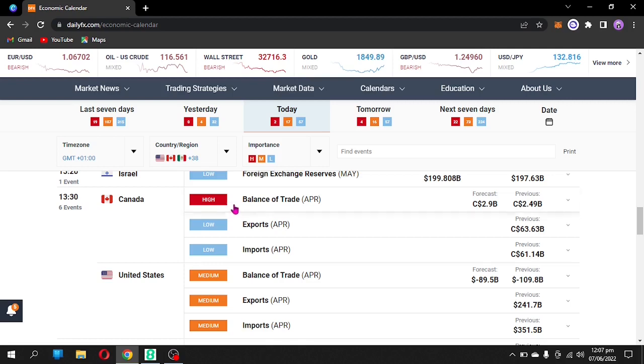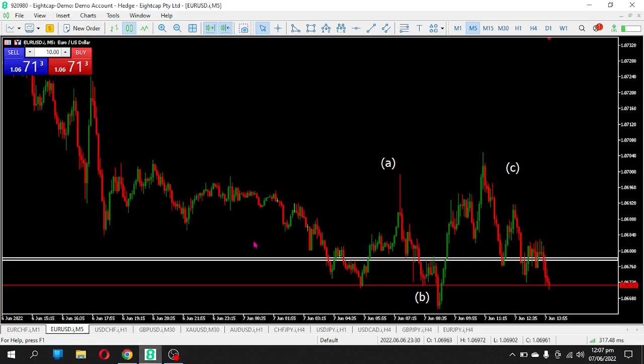So the Canadian news that will be released is the balance of trade, and since we will not be trading any Canadian currency pair, I'm about to sell Euro USD. If I was going to enter a trade on any Canadian currency, I wouldn't have entered the trade because a high volatility news will be released. So I'm good to go to sell Euro USD.